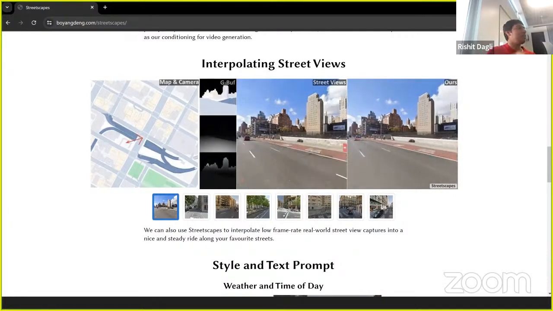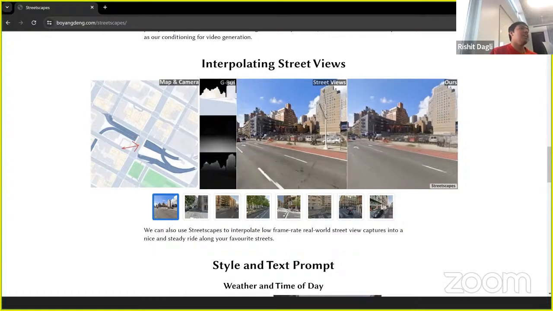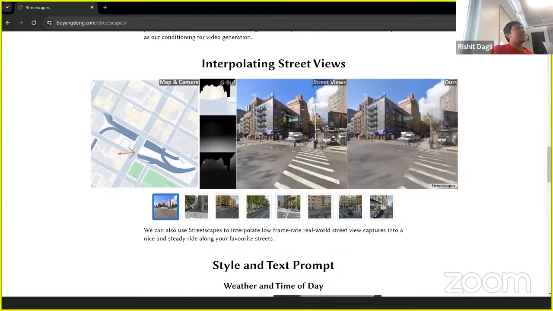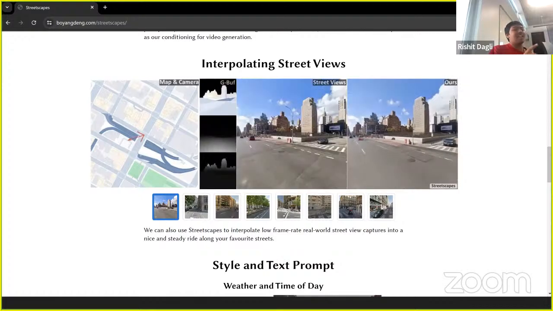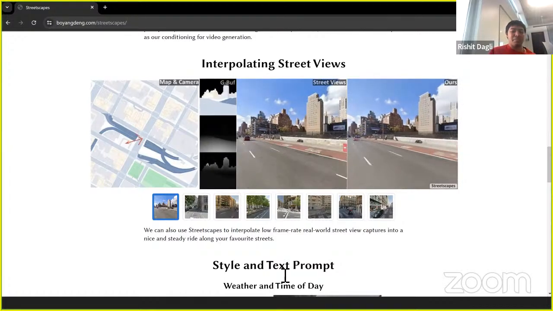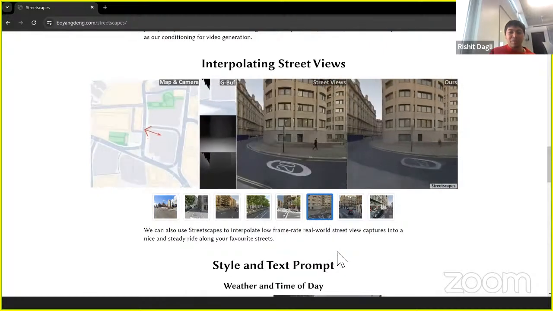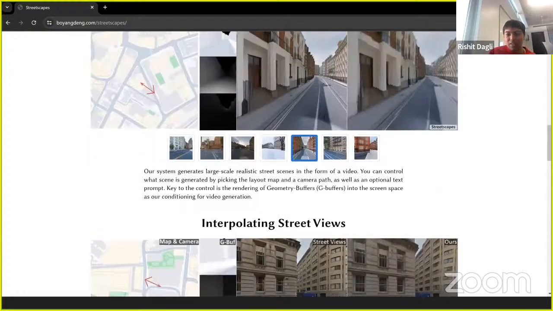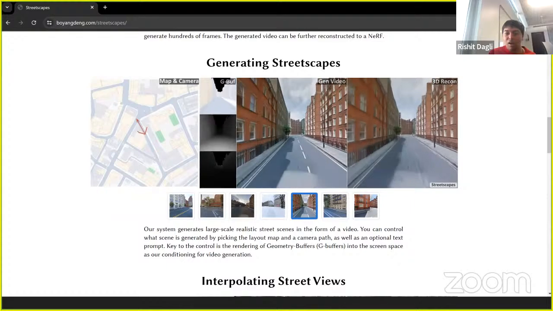Because the priors are coming from a text to image model, you still have some of these disappearing effects. So you have a car in the scene, and in the next frame, the car disappears. Those kinds of effects aren't fully solved yet with this approach. So that's also a bit interesting to observe.